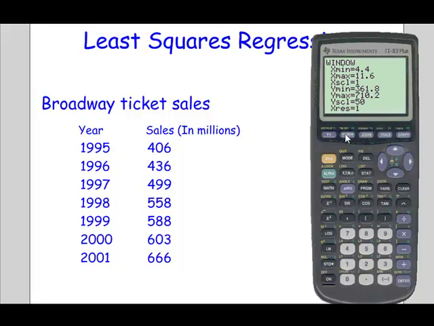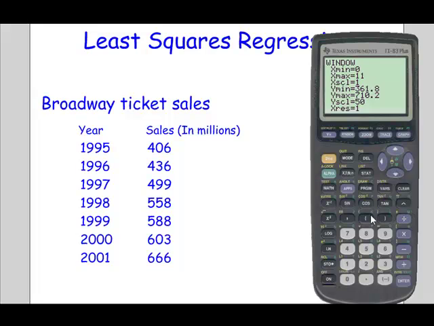And what I did, though, this is very important, the window. I actually put 0 because we're going to say we're starting 1990. The max I put in 11 because it only goes up to 2001. That's 11. I put 1 for the scale.